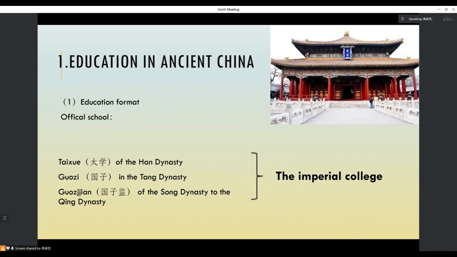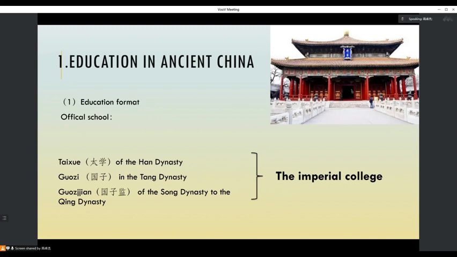In Chinese feudal society, education was the method to provide experienced people for the emperor, and not for others. So the official school educated excellent people.